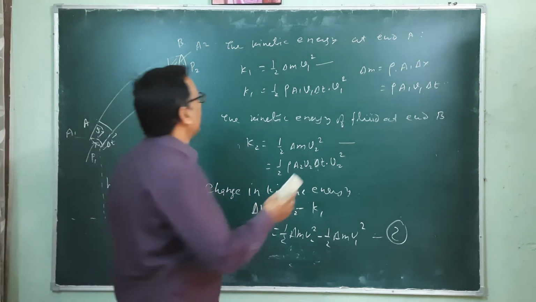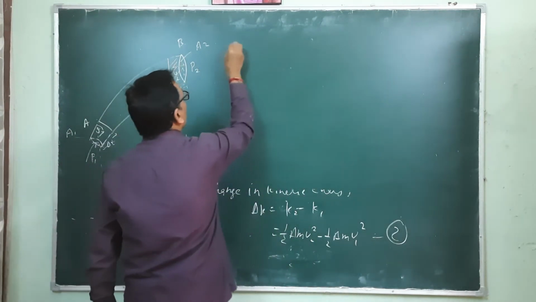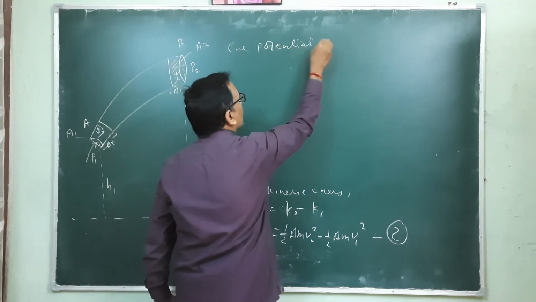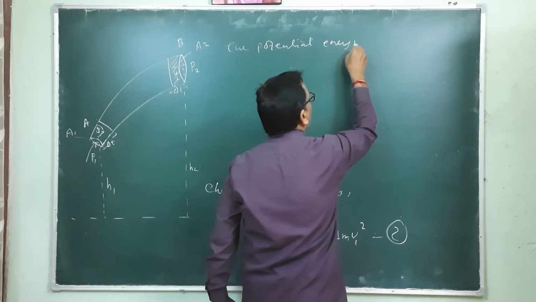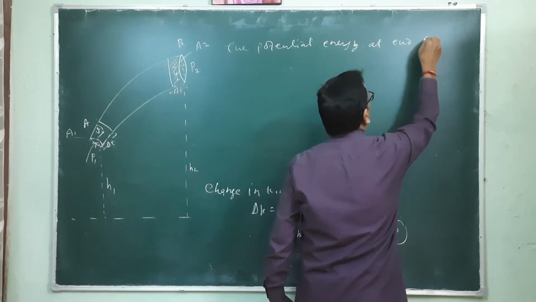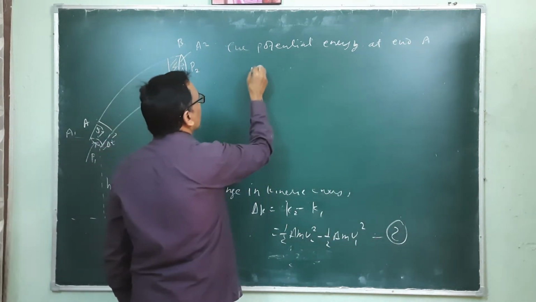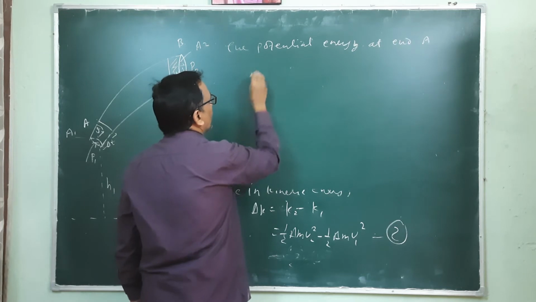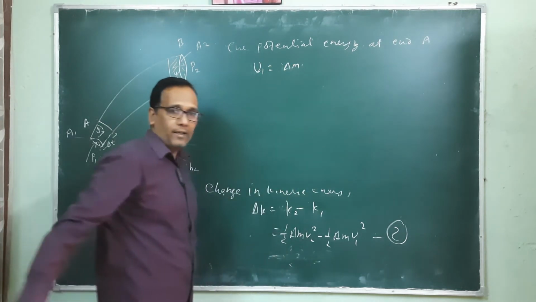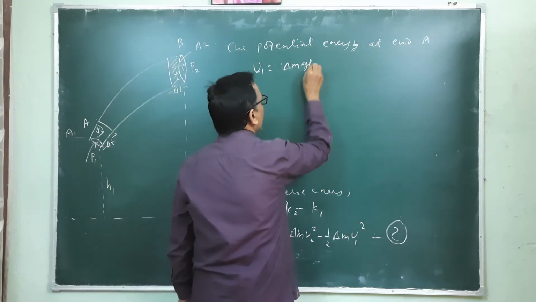Now the change in potential energy. So third, the potential energy stored in the liquid at end A, U1, is equivalent to delta M, the mass being delta M, multiplied by g h1.